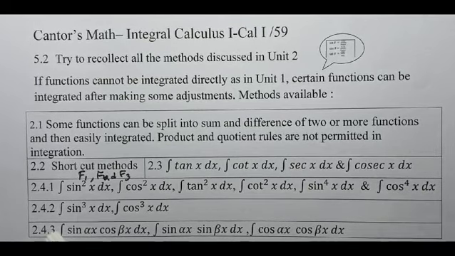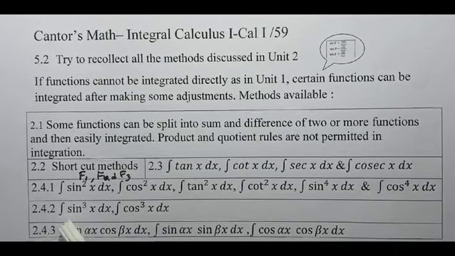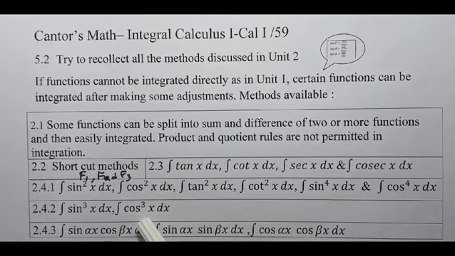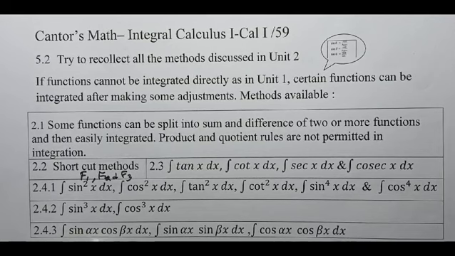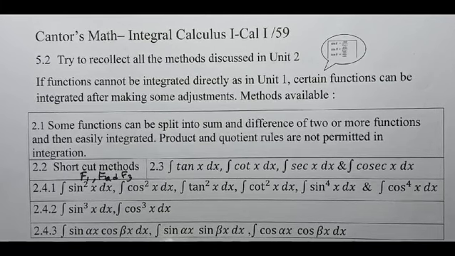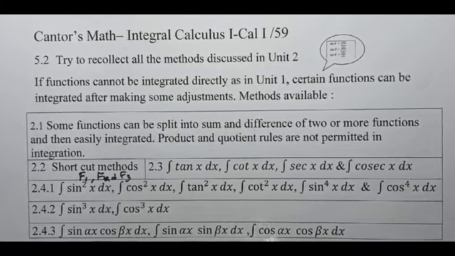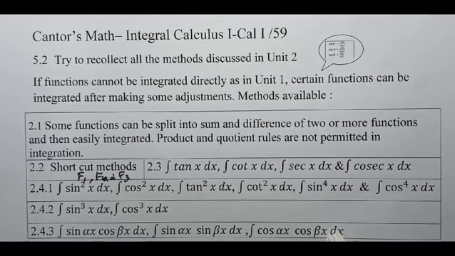Next 2.4.2. We have evaluated integral sin cube x dx and integral cos cube x dx, and in 2.4.3 we have evaluated integral sin alpha x cos beta x dx, integral sin alpha x sin beta x dx, integral cos alpha x cos beta x dx.